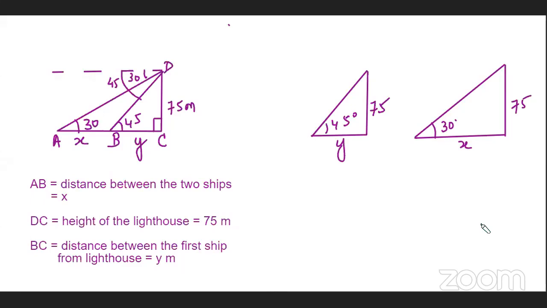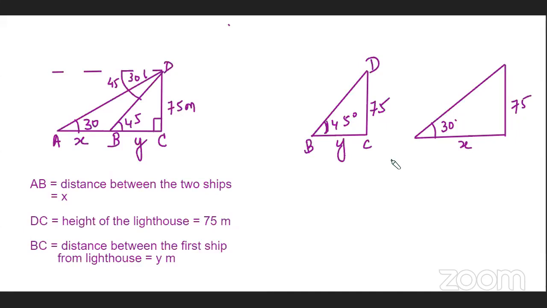Harsh, am I right with the figures? Yes, ma'am. The two triangles that I've drawn, I want you to check that. Am I right with the figures? Ma'am, X and Y are wrong. X should be in BC and Y should be on that side. Wait, Kalpana.